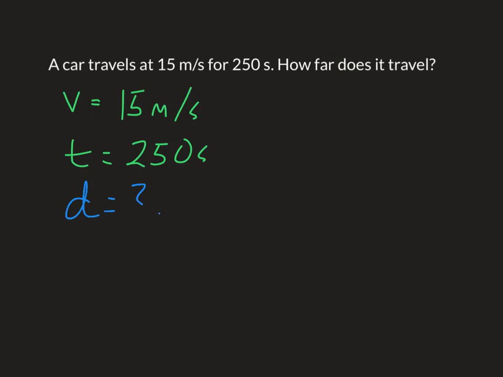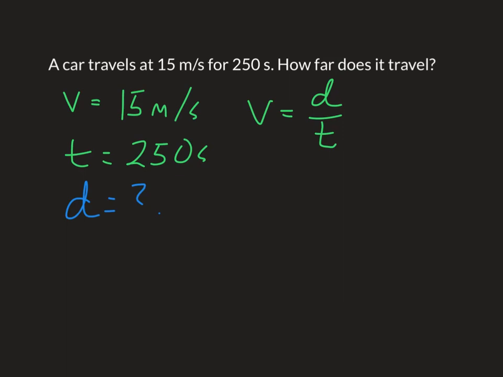Now, remember the formula, the only one that's in your book, is v equals d over t. But here, I'm not trying to solve for velocity, I'm trying to solve for distance. This is what I want. So a skill you need to develop in physics is to be able to rearrange formulas to find the quantity that you actually want.